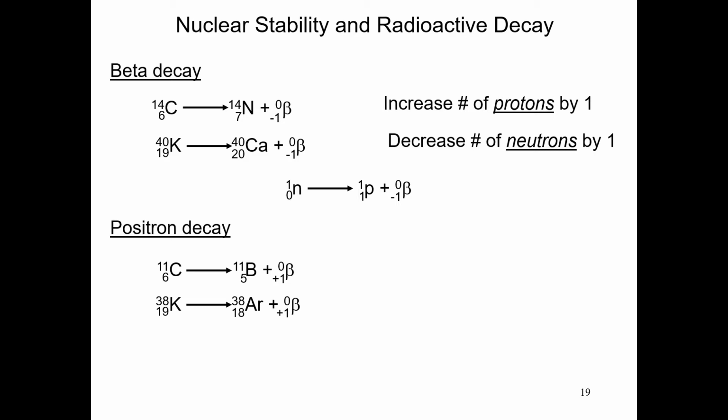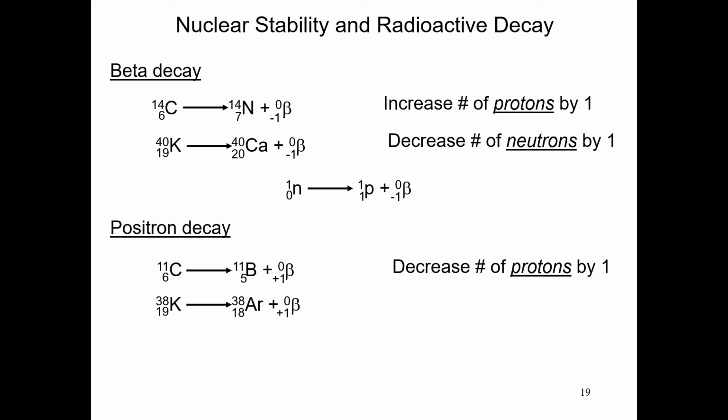Once more, let's look at the changes that happened here in the nuclides. So in going from carbon to boron, you decreased the atomic number, therefore you must have decreased the number of protons, but the mass number stayed the same.